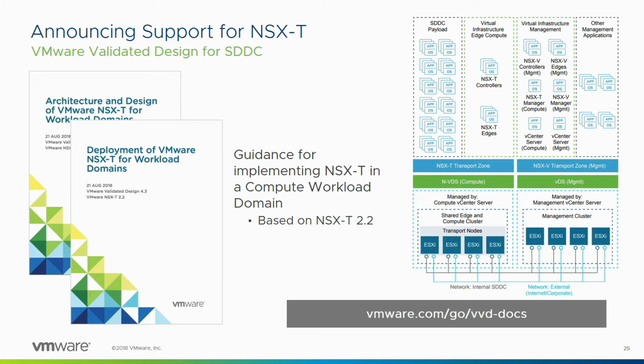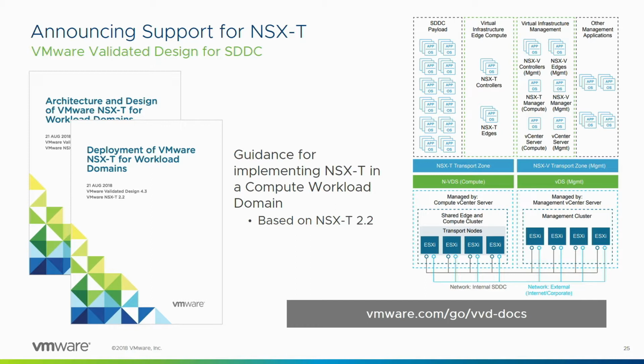Now, at the moment, this is based on NSX-T 2.2. We're looking at refreshing that very shortly for 2.3, which is the latest version that's just come out. It has gone through a number of iterations, and the design has changed slightly. We had an early access of this document that I think came out in May, which is based on 2.1. We had to do it across a 3-pod design, which is the older design of the VVD, because of certain limitations with NSX-T. With this version, we managed to collapse that down into a 2-pod design, and then the new refresh that will come out very shortly, based on 2.3, makes some changes again.